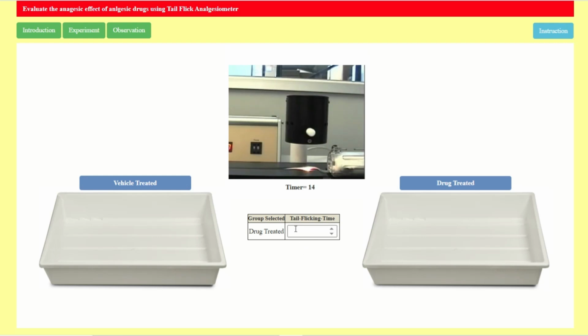It's a 14. It has flicked the tail. Now we have completed screening of both groups and written the readings. Now we will see the observations and compare both results.